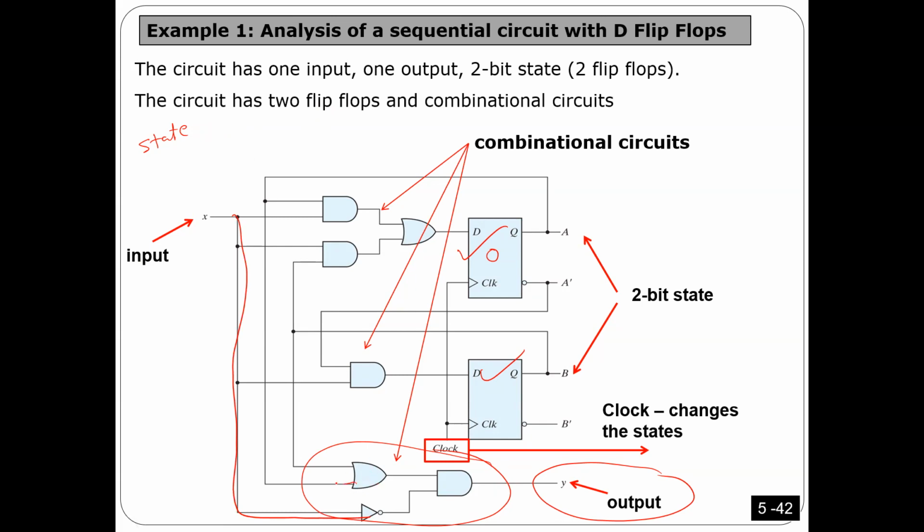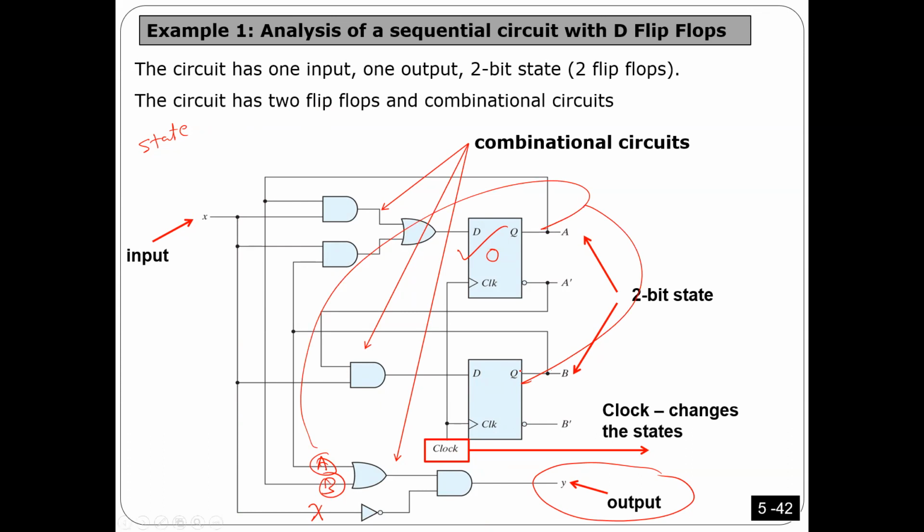Some of these come from the outputs of the flip-flops, A and B. So let me write it here: this is x, this is A and B. A and B are the stored values in the 2 flip-flops. Then I make a combinational circuit, and this is what we call the output. There is a tricky point here. Listen to me.